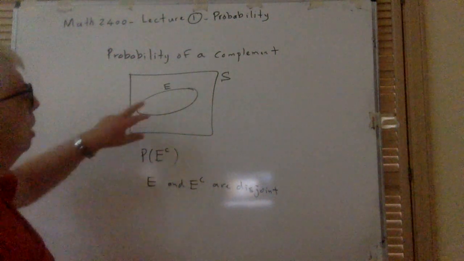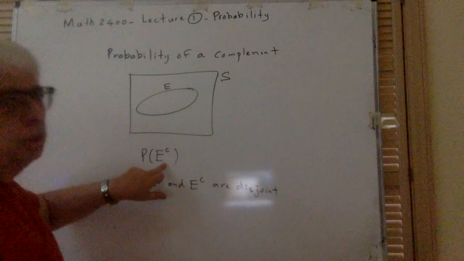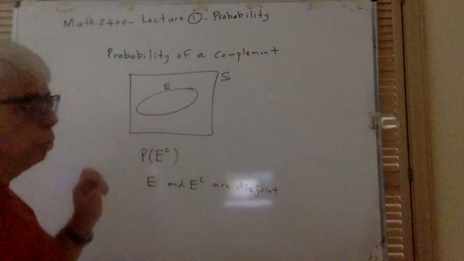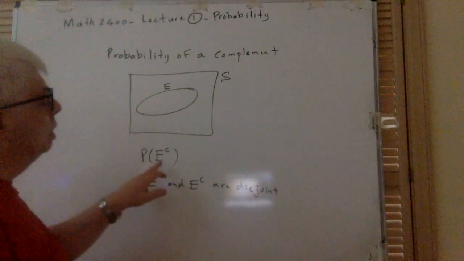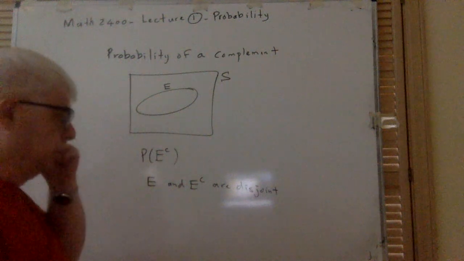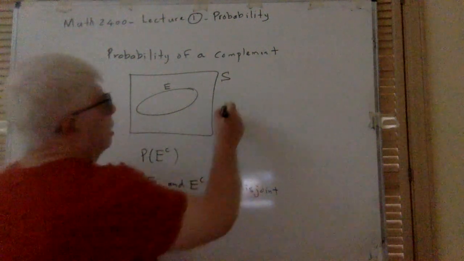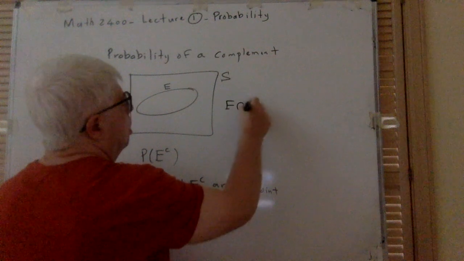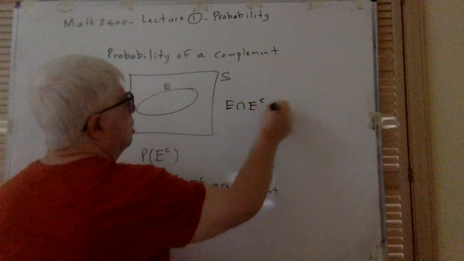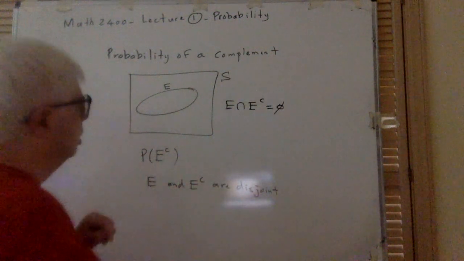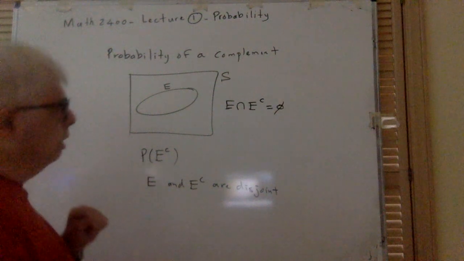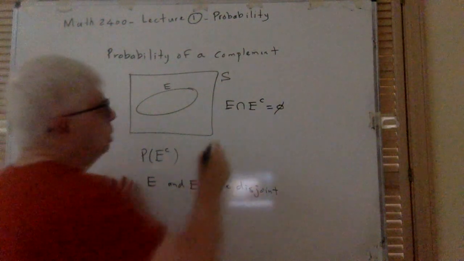You can see EC consists of things that are not in E. It is important to know that E and EC are disjoint, right? Disjoint means what? It means that the intersection is empty, right? There's another thing. What is the union of these two?